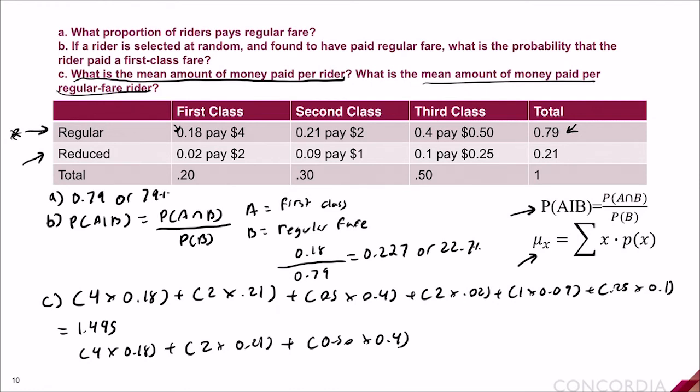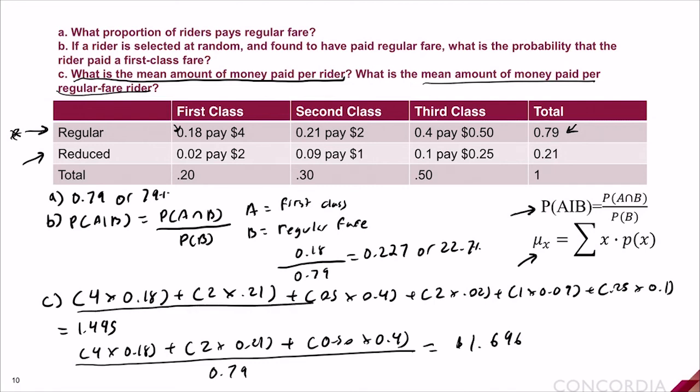The key difference here is this time we'd have to divide by the total of 0.79, which would give us an answer of 1.696. The reason why we divide by 0.79 is because in a mean formula, we always divide by the total, which in this case is 0.79. And in the previous case, the reason we did not divide was because the total in probability is always 1. And dividing by 1 would make no difference.